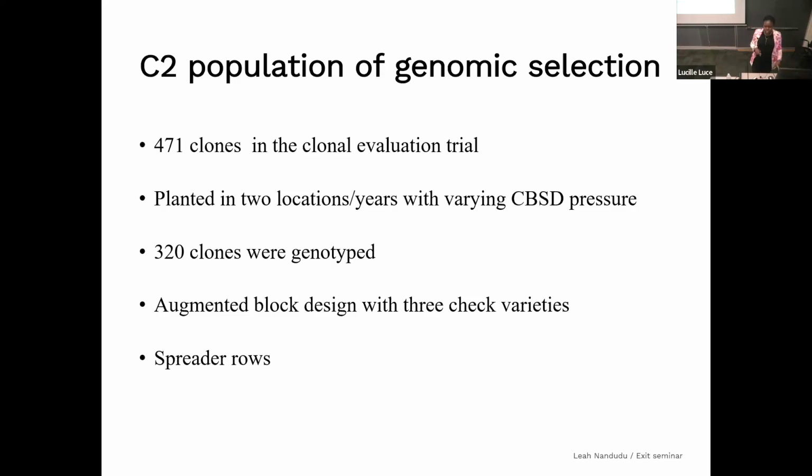So we planted these trials in 2 locations that have varying CBSD pressure. There's CBSD, but the pressure varies. Then out of these 471 clones, only 320 clones were genotyped. We planted these in an augmented block design with 3 checks, and we used spreader rows within the field to augment the disease pressure.